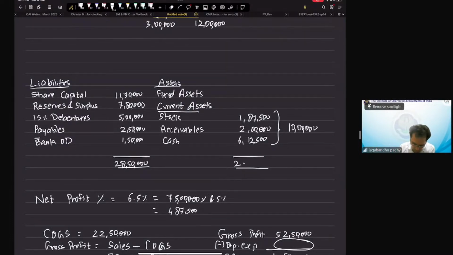Of course, the total liabilities and assets should be the same, 28 lakh 50,000. What is the value of the fixed assets? Fixed assets will be the balancing figure, which will be 18 lakh 50,000.